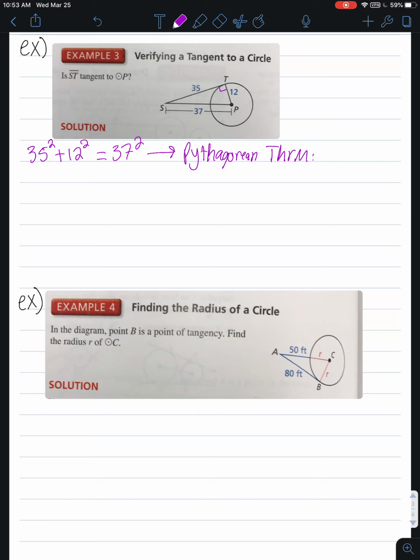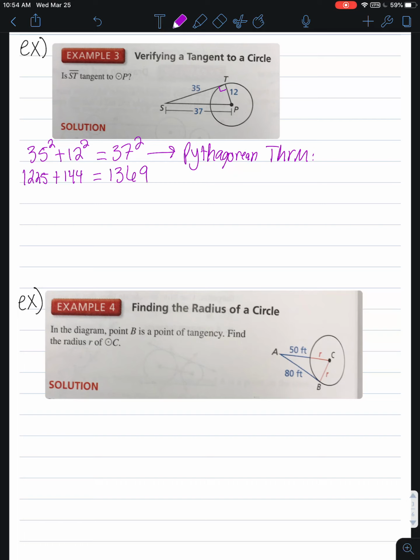Okay, well, 35 squared is 1,225, so 1,225. And we know that 12 squared is 144. And we know that 37 squared is 1,369.